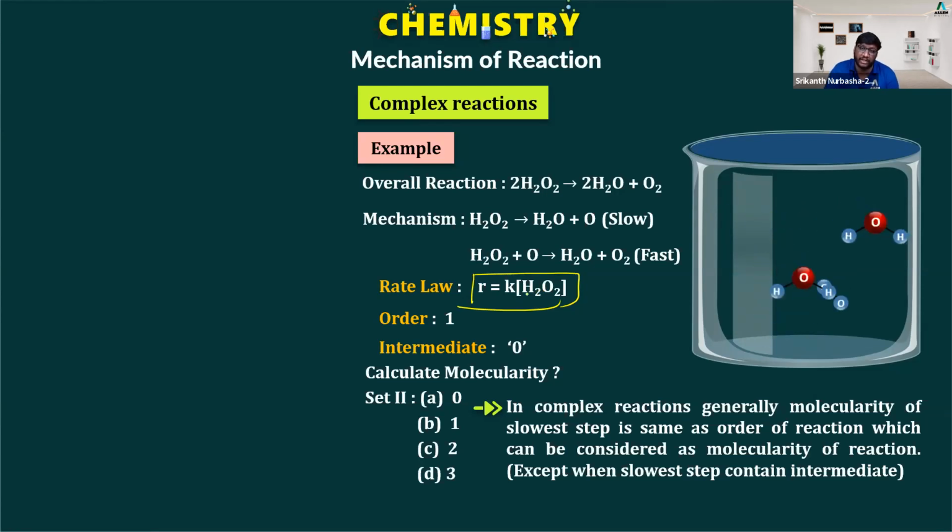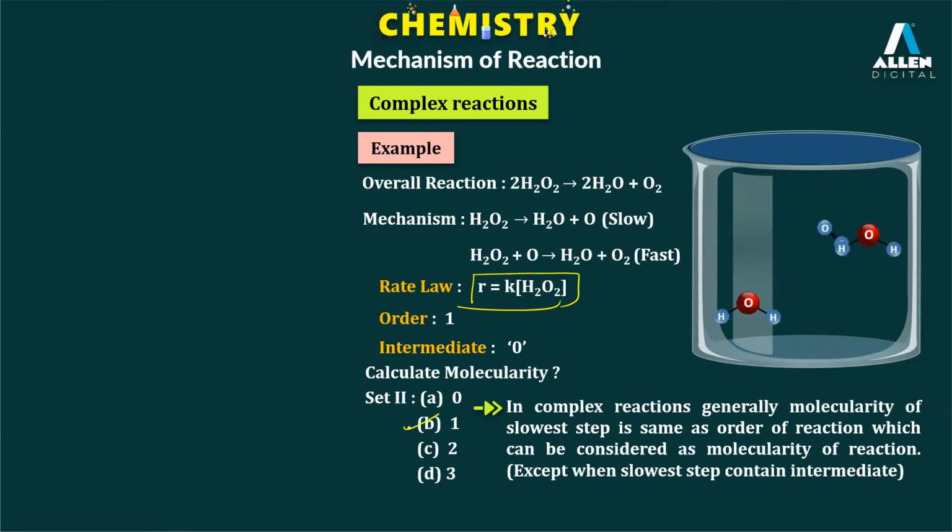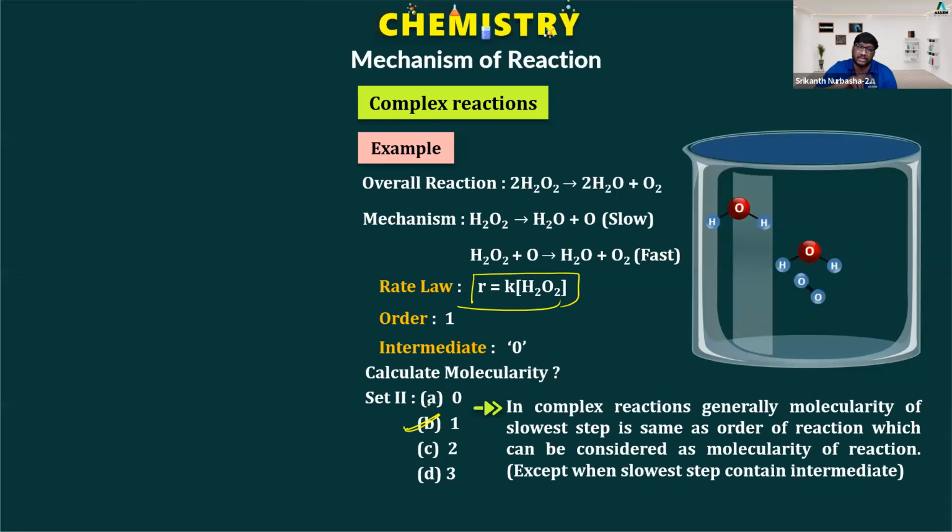We don't have any intermediate, right? If we have an intermediate in the rate expression, then only we should say it is meaningless. When we do not have an intermediate in the rate expression, you can say molecularity of the total reaction is molecularity of the slowest step. Order of the reaction is molecularity of the slowest step. When we have an intermediate in the slowest step, then it is meaningless.